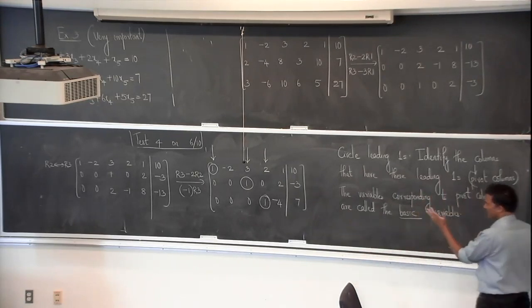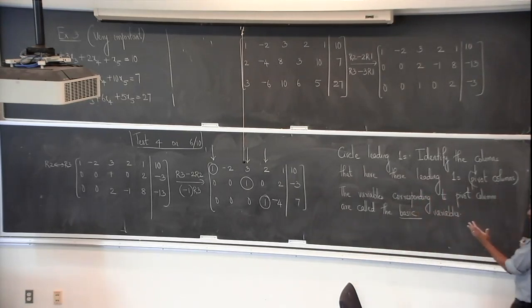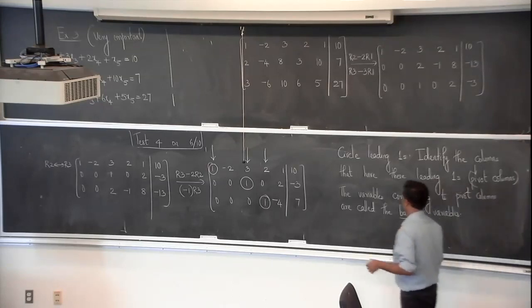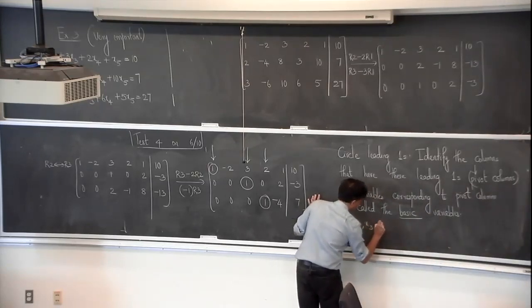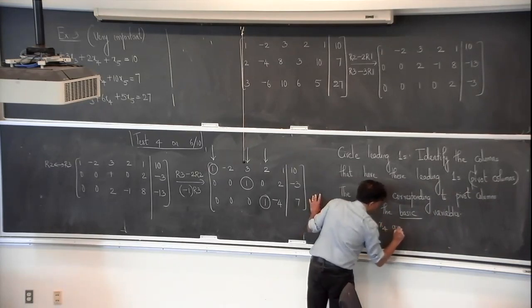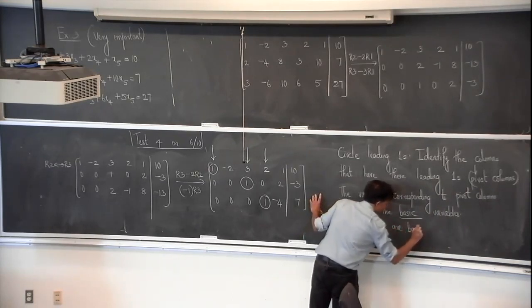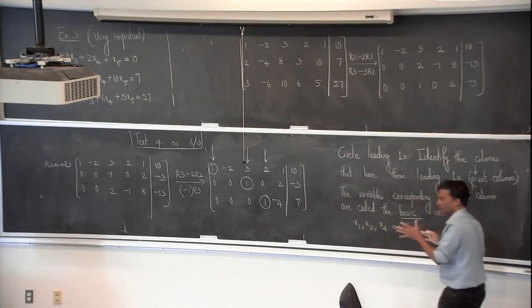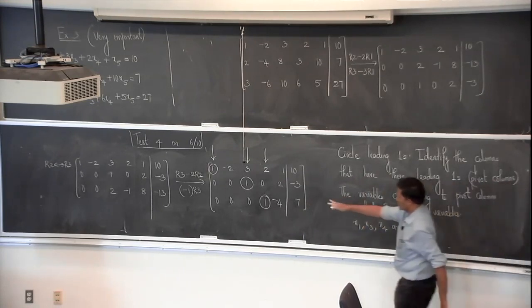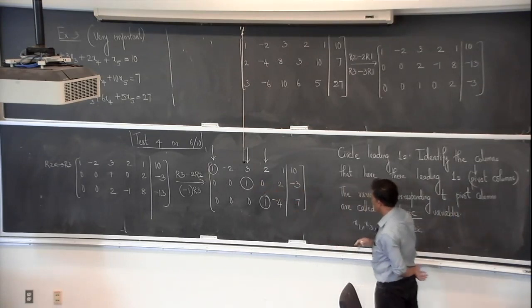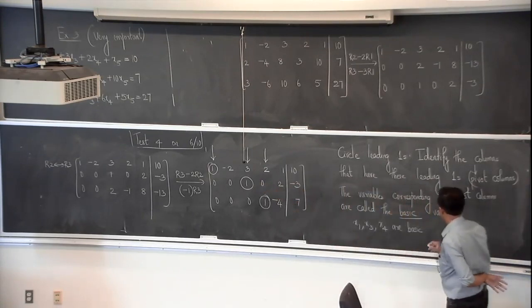And so in this case, x1, x3, and x4 are basic. So these are not random. These are based on the position of the leading one. That's why these calculations are kind of critical at this point. You cannot just swap the columns and make things happen. These are religious things for us. So x1, x3, and x4 are basic variables.